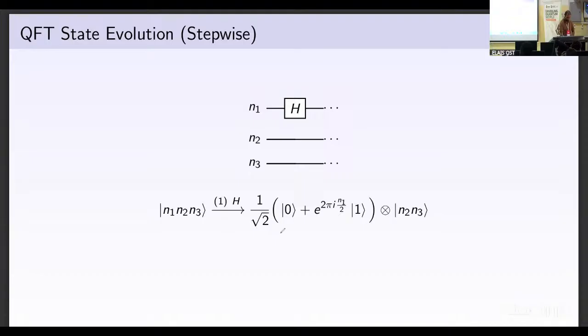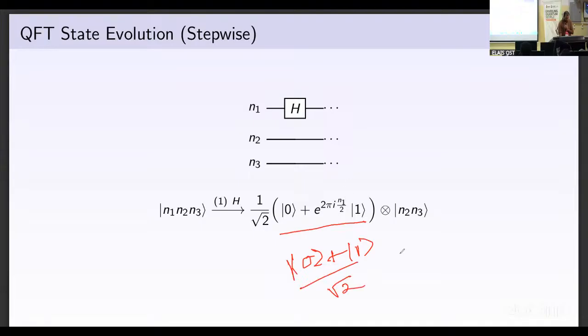So e to the power 2 pi i. When n1 is initialized to 0, it becomes 0 plus 1 by root 2.